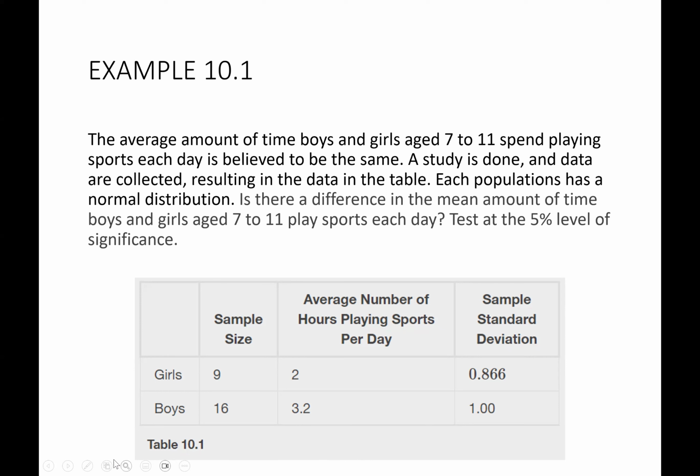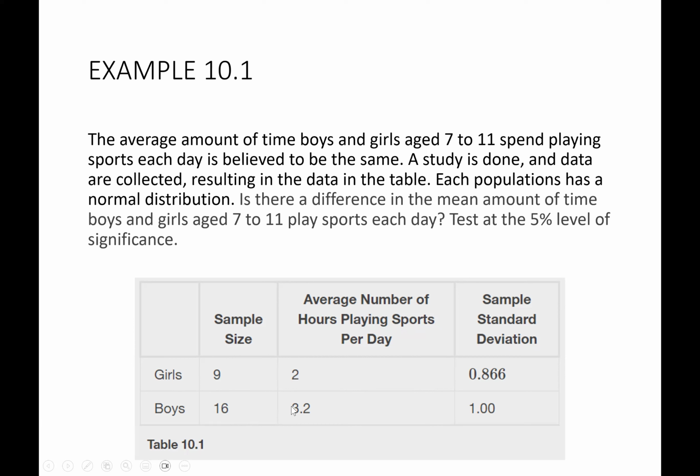So what do we have here? We have a sample size of girls of 9. Their average number of hours playing sport per day was 2, with a standard deviation of 0.866. For the boys, we have a sample size of 16.